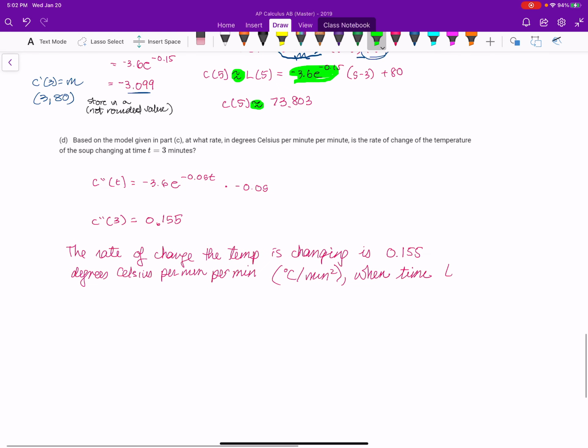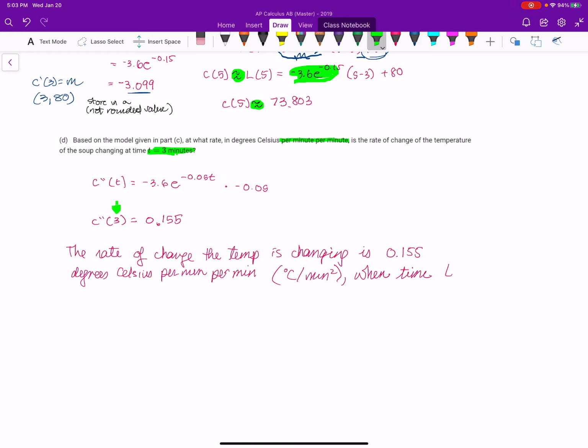Part D, based on the model given in C, at what rate in Celsius per minute means that you're taking the rate of the rate. Is the rate of change of the temperature of the soup changing? We're asking how fast the change is changing, so that means take the second derivative. I wrote out what the second derivative is, substituted in the 3 because we're asking at 3. You can use your calculator again for this.